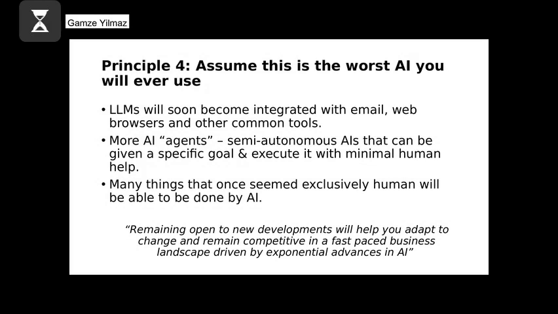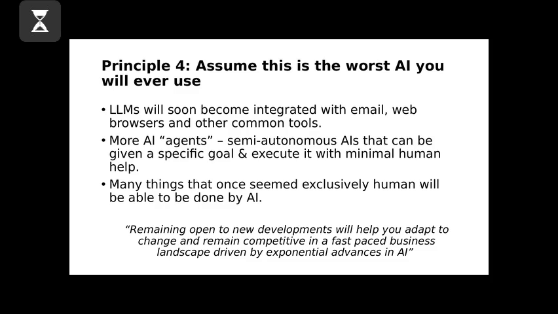And the fourth principle Mollick outlines is more like a heads up to us, right? He says you should assume this is the worst AI you will ever use. He wrote this book in 2023, and AI has changed so much since it was published.